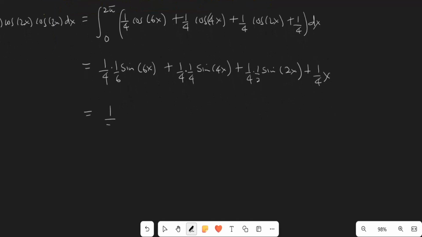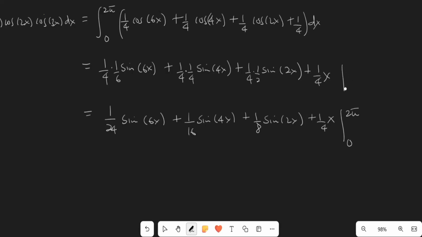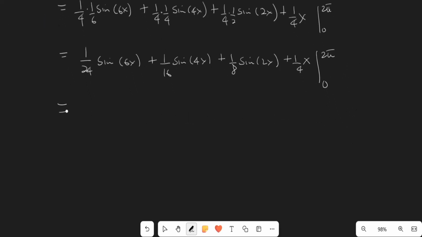So this one is really 1/24 sine of 6x plus 1/16 sine of 4x plus 1/8 sine of 2x plus 1/4 times x. And we are integrating that from 0 to 2 pi. I didn't write that. Okay, so now we can plug in our limits.